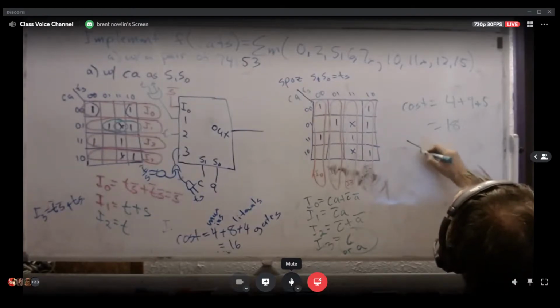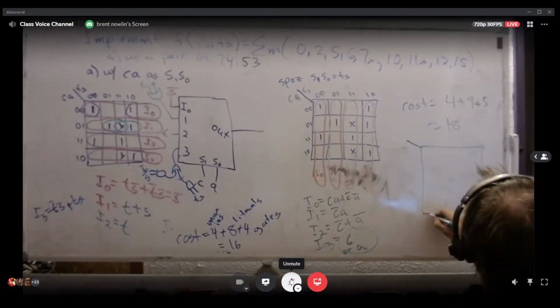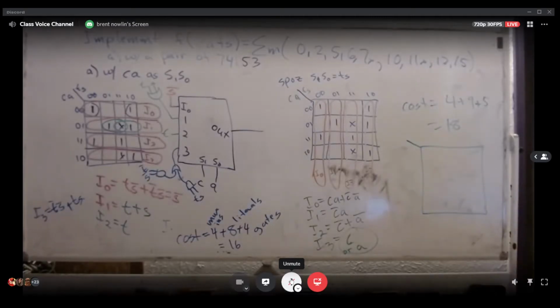The rule regarding placement of I's, then, is whichever the select lines are, in this case C and T, the whole column that they occupy becomes one of those I's.